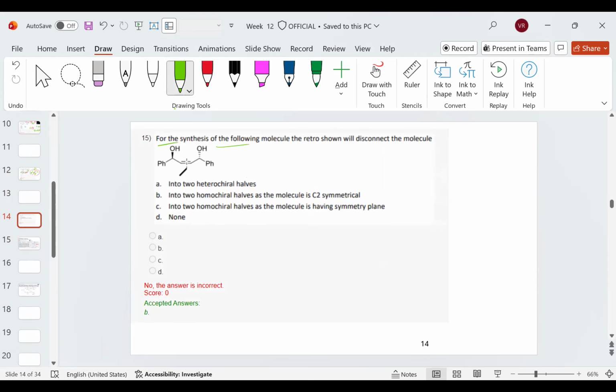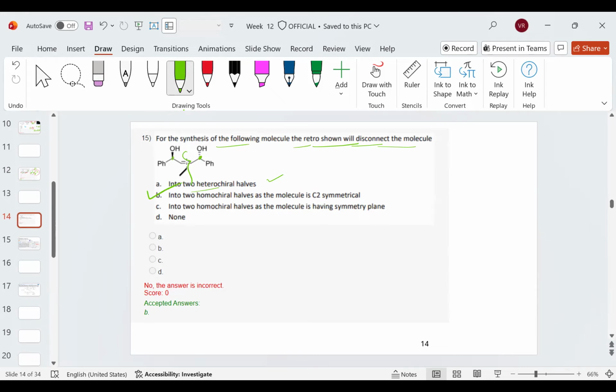For the synthesis of the following molecule, the retrosynthesis will disconnect the molecule into two heterochiral halves or into two homochiral halves. So what do you think here? If you directly assign the stereochemistry at both of these points, you can clearly see both have the same chirality.